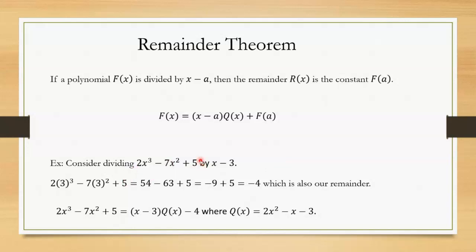But if I evaluate this at 3, it's x minus a, so it has to be minus here. At 3, we evaluate it, we get negative 4, which is our remainder. So that is, in fact, the remainder theorem, which is very, very nice.